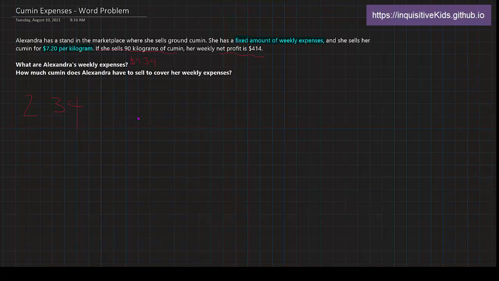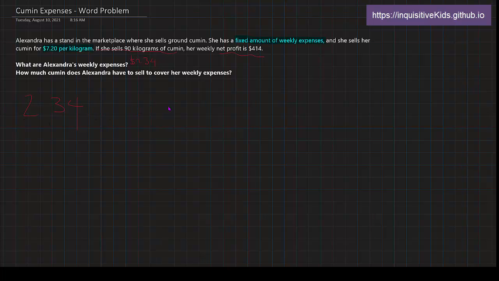And she needs to be able to sell, she needs to be able to divide the income, and the income has to be exactly the same as the expenses.